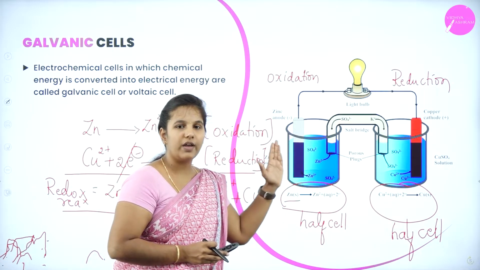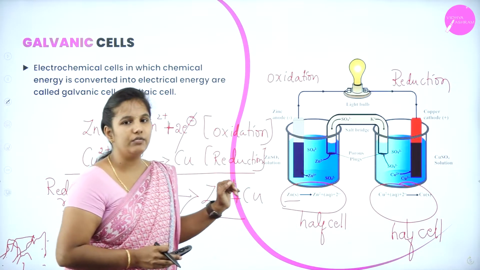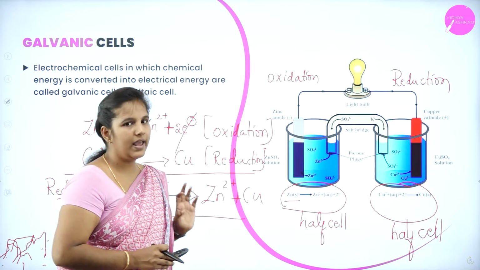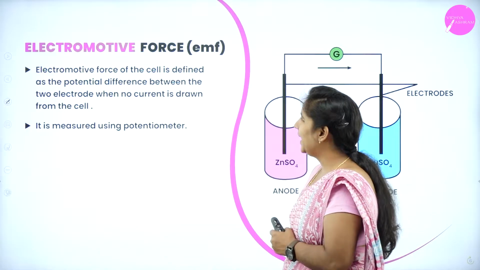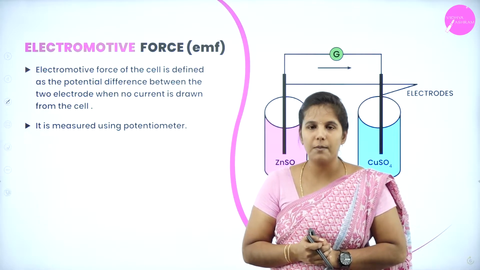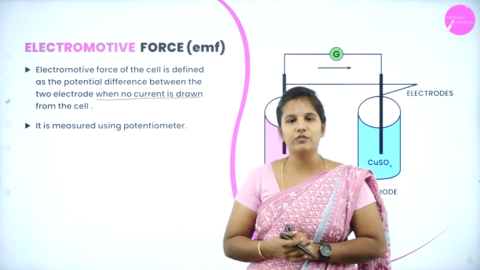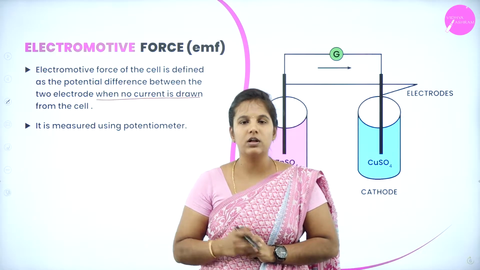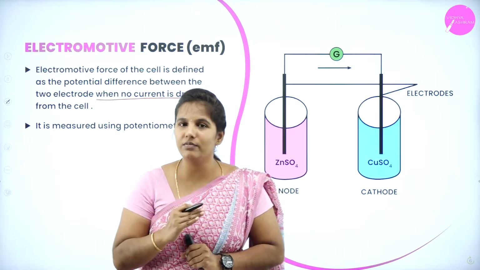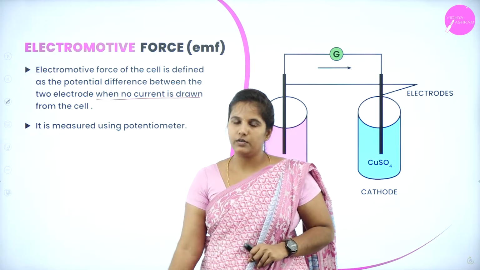This transfer of electrons mainly causes a difference, and that difference is known as electromotive force. Electromotive force can be defined as the difference in electrode potential between 2 electrodes when no current is drawn from the cell.